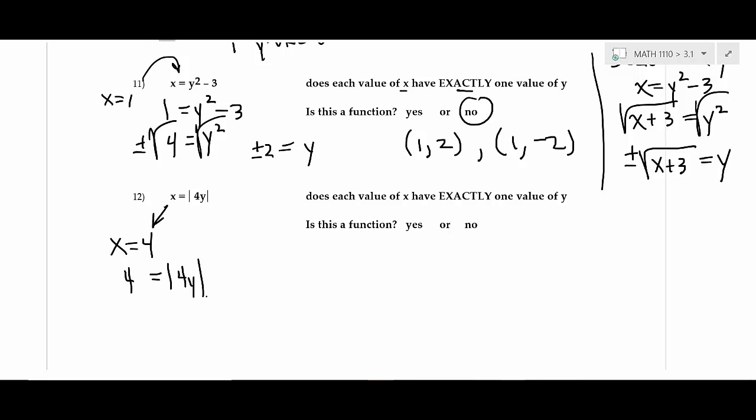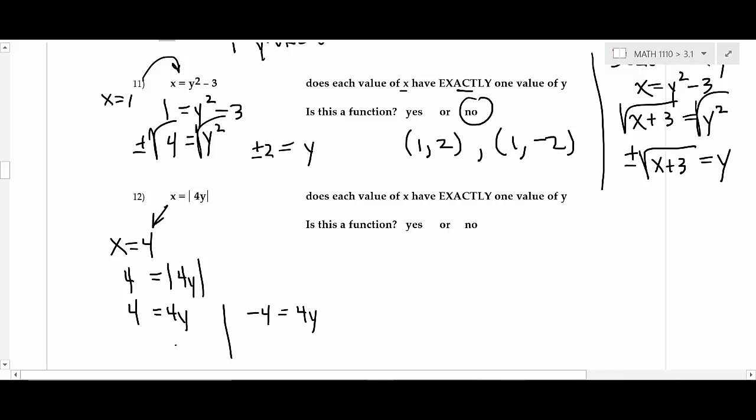1. 4 times 1 is 4. What else? -1. 4 times -1 is -4, but the absolute value of -4 turns back into 4. The way that I taught you how to solve an absolute value equation is you solve 2 equations: 4y equals 4, and then 4y equals -4.